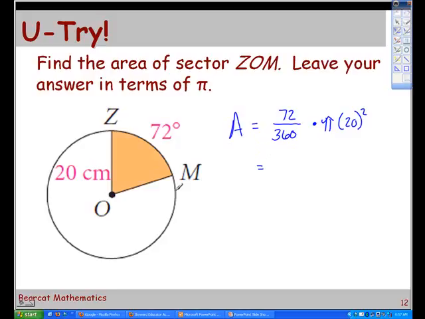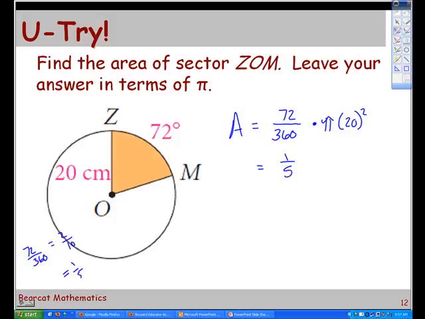Isn't 36 going into both numbers? How many times does 36 go into 72? Twice. How many times does 36 go into 360? 10. So that's going to reduce down to 1/5.